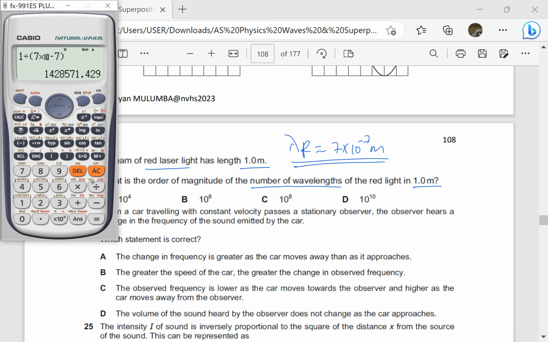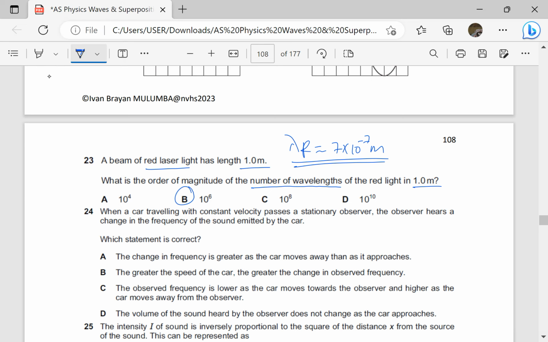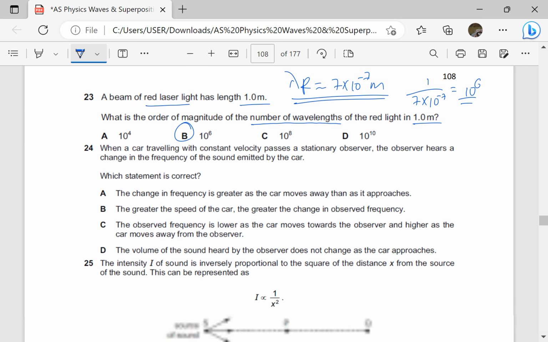So this is 1.4 times 10 power. I'm interested in the power of 10. So that is 1, 2, 3, 4, 5, 6. So that is 10 power 6. The answer will be B, because 1 divided by 7 times 10 power negative 7 gives us 10 power 6 approximately.